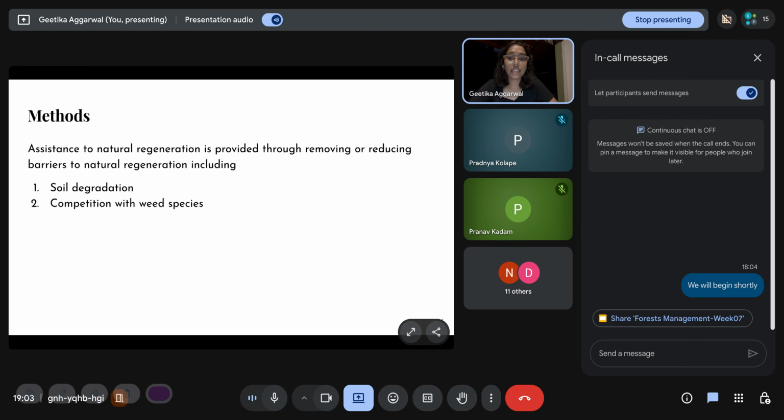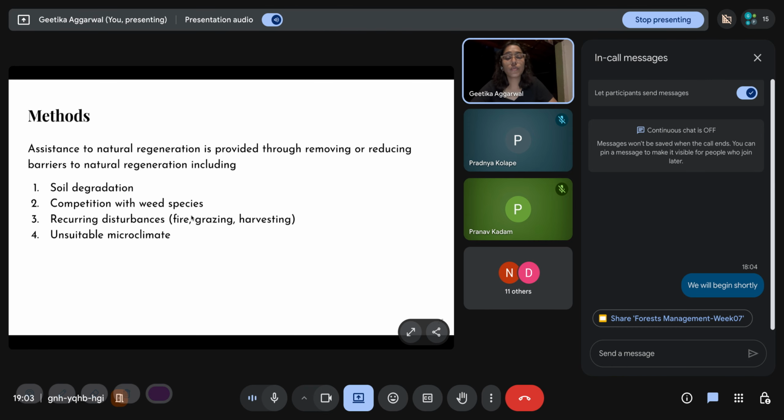If the soil is degraded, you might want to add fertilizers in that area, which will help the soil, or you might want to irrigate the area if the water is low. If there is competition with weed species, these are basically the barriers. So you somehow want to overcome the degradation of the soil. You want to overcome the competition with weed species. You want to overcome other disturbances, for example, grazing, harvesting, fire, and maybe unsuitable climate.